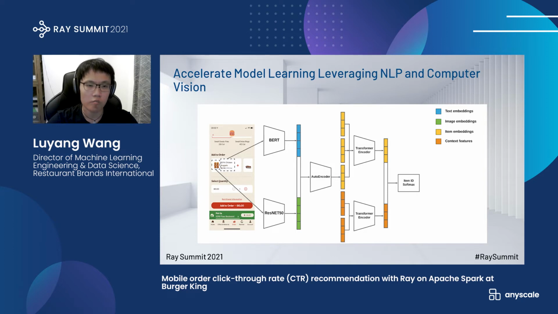So we're thinking from the customer perspective, if they make a purchase decision based on the description and image, we should do the same thing. We should have the model learn from the same thing. So we apply some pre-trained NLP and computer vision models to help initialize our model embeddings.